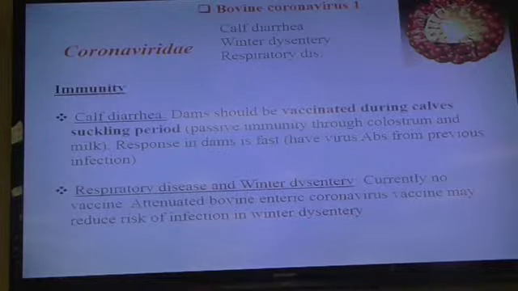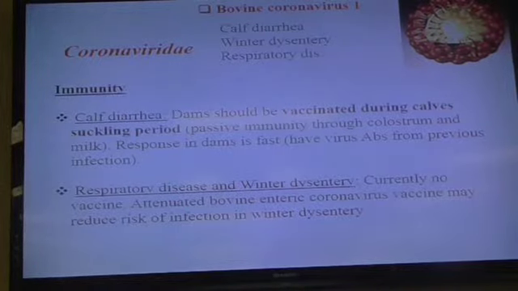Okay, generally speaking, for respiratory disease and winter dysentery, there are no vaccines. However, one can use an attenuated bovine coronavirus vaccine to reduce the effects of winter dysentery.